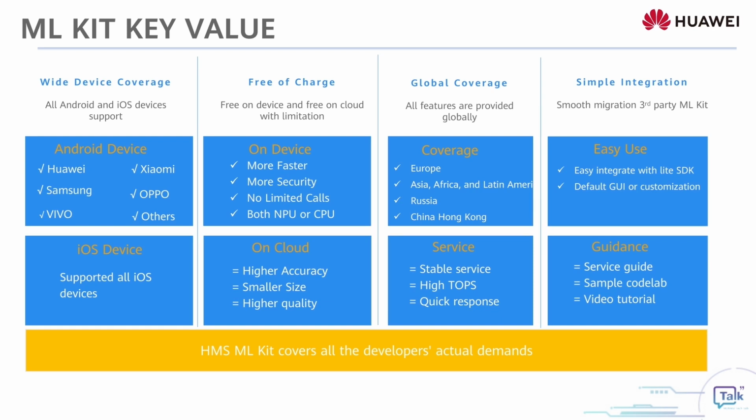Another advantage of Huawei ML Kit is that it's free of charge on device and free on cloud operations with limitations. All features of ML Kit are provided globally. It is available in Europe, Asia, Africa, Russia, China, Hong Kong, and Latin America. ML Kit is also easy to integrate. Next slide introduces ML Kit key technology.